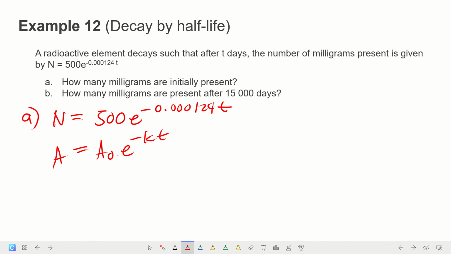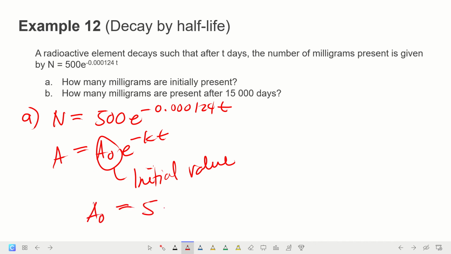So, we know that A sub O is our initial value. Since the equation states that N is equal to 500 times e raised to negative 0.000124 T, then the initial value A sub O is equal to 500.